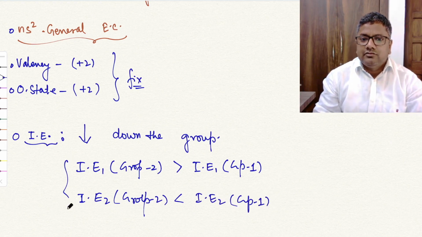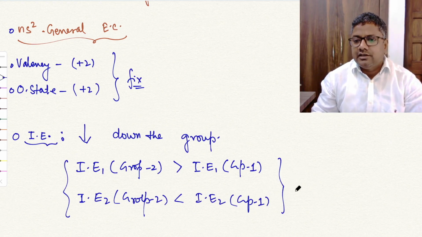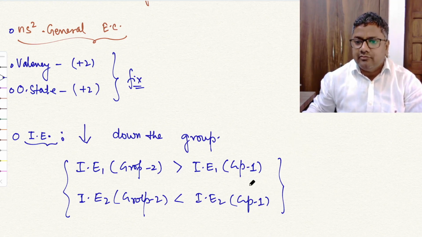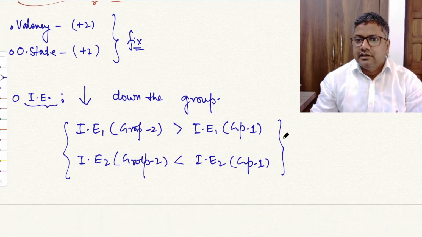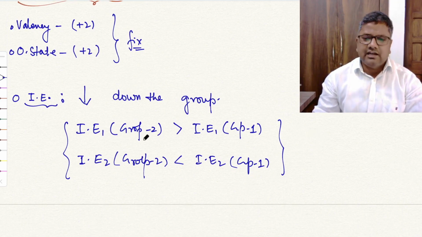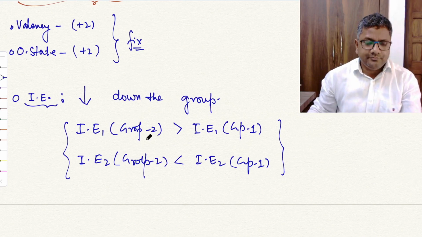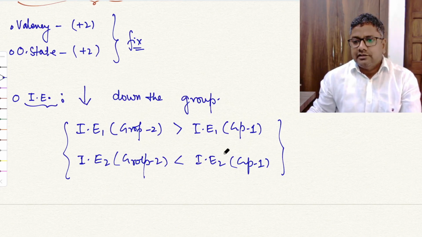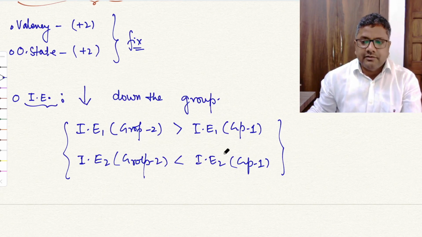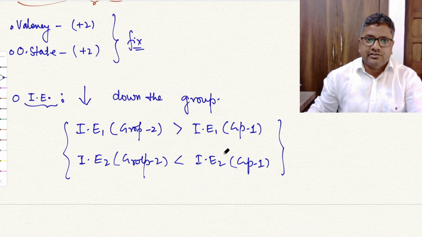All this depends on electronic configuration and size. These two factors are important in deciding this. You know this from the periodic table and periodic properties: left to right, size decreases and effective nuclear charge increases, so you can easily correlate ionization energy, right?